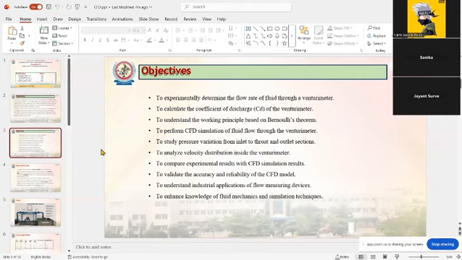Also, to compare the experimental results with CFD simulation results, to validate the accuracy and reliability of the CFD model, to understand the industrial applications of measuring devices, and to enhance the knowledge of fluid mechanics and simulation techniques.